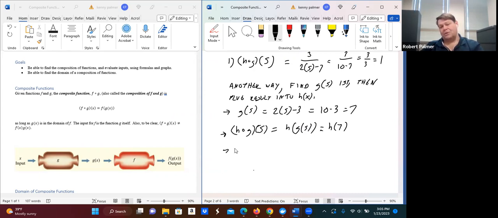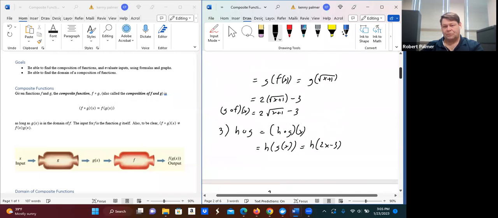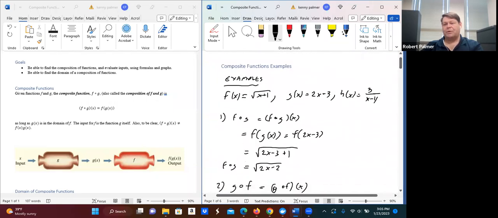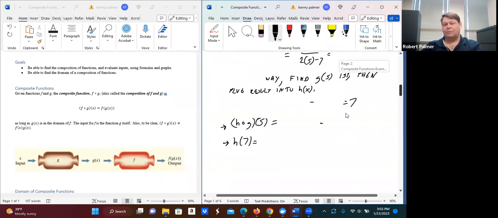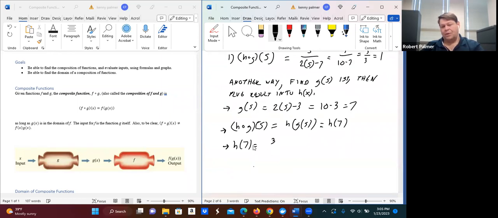Okay. Now let's do that. So h of 7, where my function h is 3 over x minus 4. So 3 over, replace x with 7 minus 4. And it's going to be 3 over 3, which is 1.